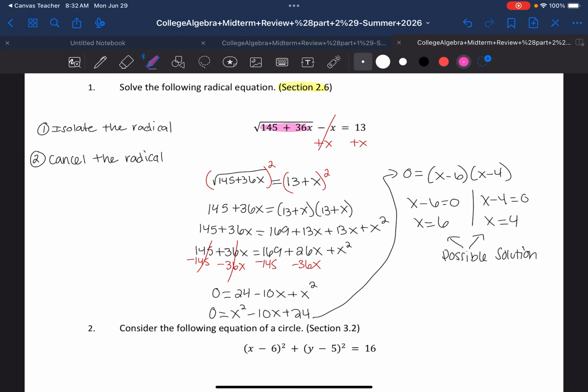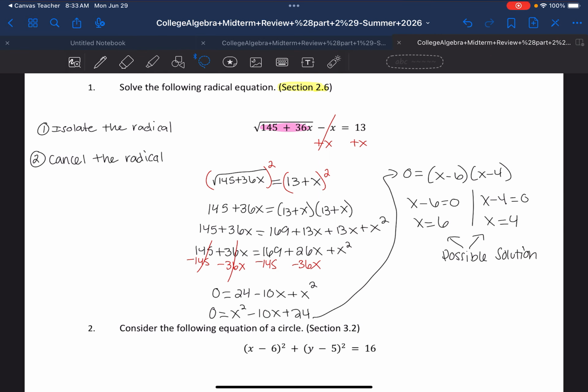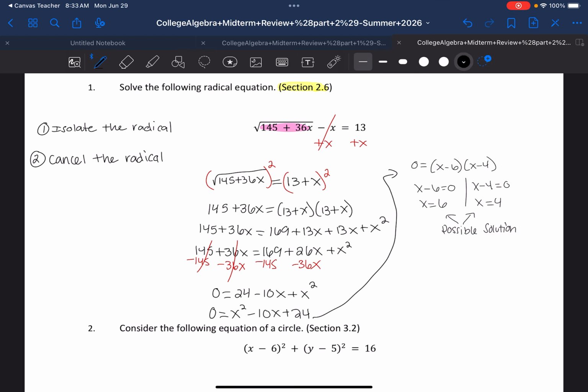And also we just need to check to see if it gave me a true statement, because when you square both sides of an equation, it actually adds extra solutions sometimes that may not be solutions to the original. So we need to check. We have to. There's no way around it.